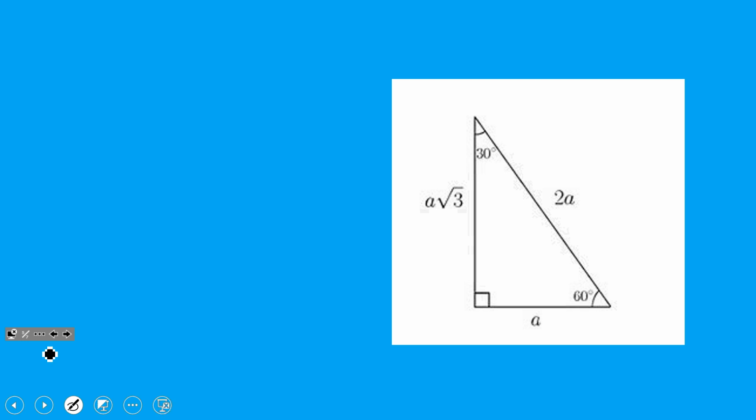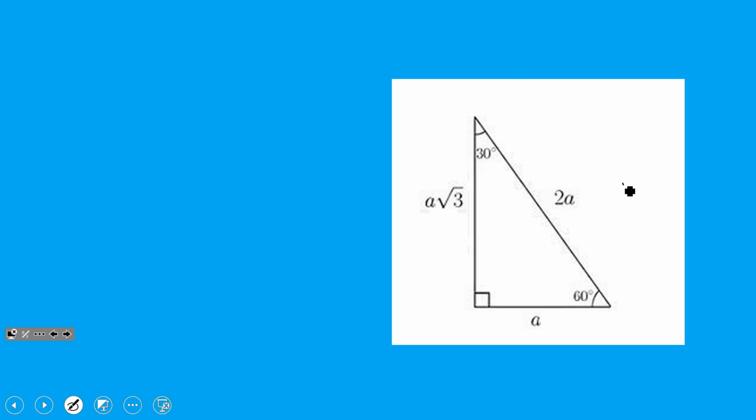So you know that the shortest side is equal to A, the side opposite from the 30-degree angle. You learned that the hypotenuse was 2 times the length of the shortest side. Okay? And you learned that the longer side would be the shorter side times the square root of 3. Okay, that was the relationship.